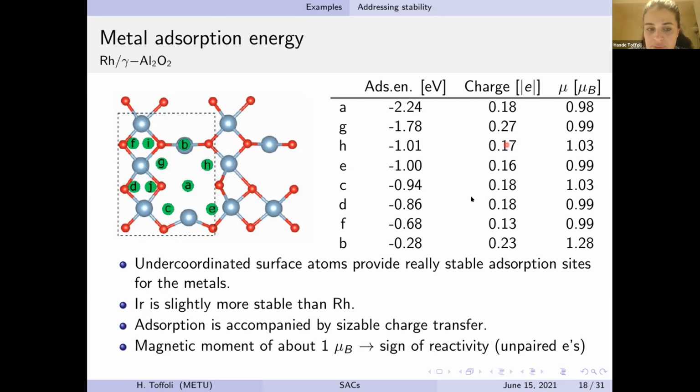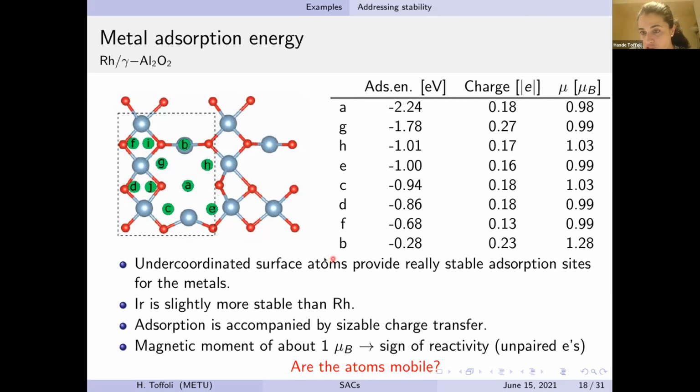And there is a sizable charge transfer accompanying these strong adsorptions, as in a way expected. And this is a good thing because charge transfer is an indicator of reactivity, as we saw in the previous slides. Also, one more indicator of reactivity is the magnetic moment. Magnetic moment arises from unpaired electrons. So if you have an unpaired electron, it means that you are likely to form bonds.